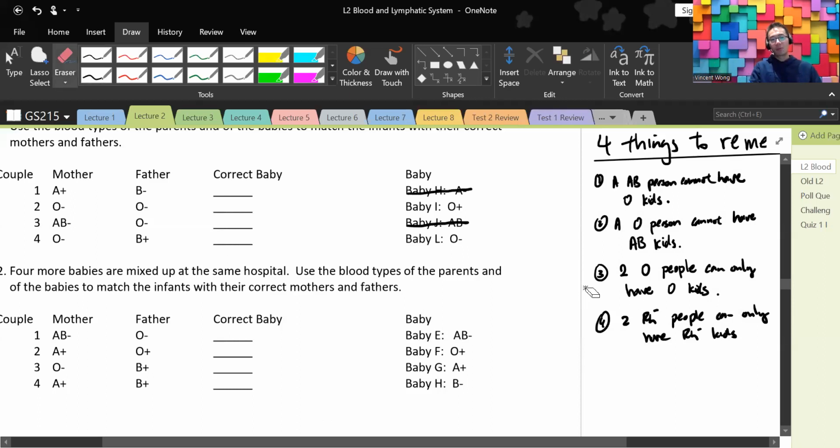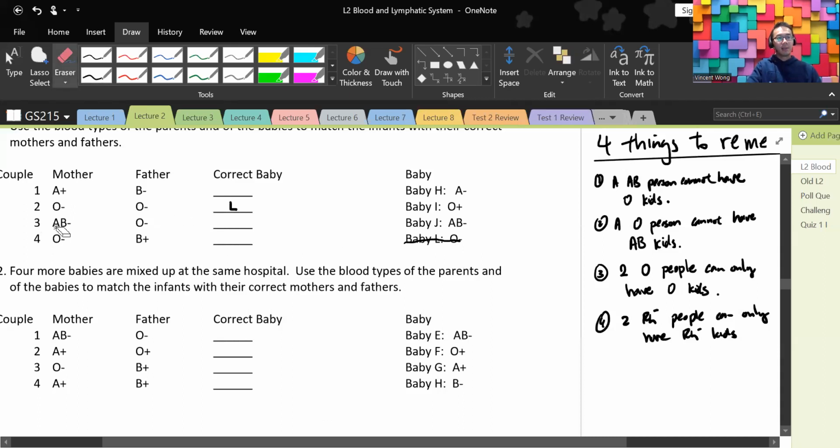Rule number 3: they are both negative, so they can only have negative babies. So that's not their baby, and baby L is theirs. Do you see the logic there? You don't have to do a Punnett square. You just think about the rules and then do process of elimination. So this baby has been claimed.